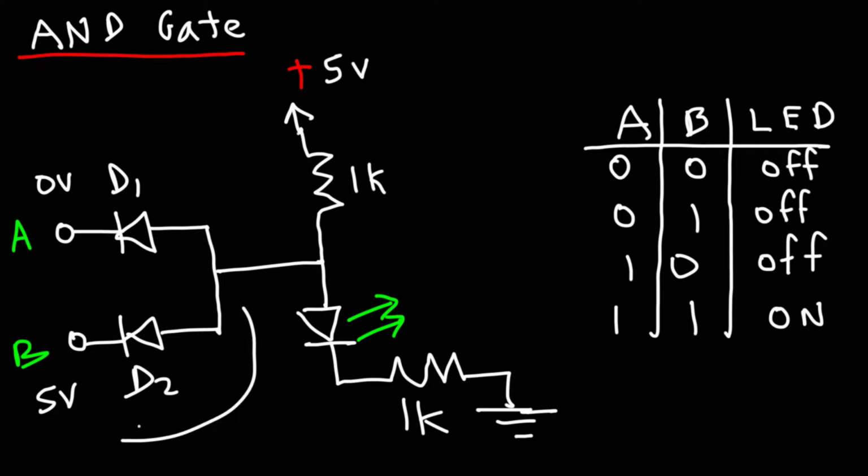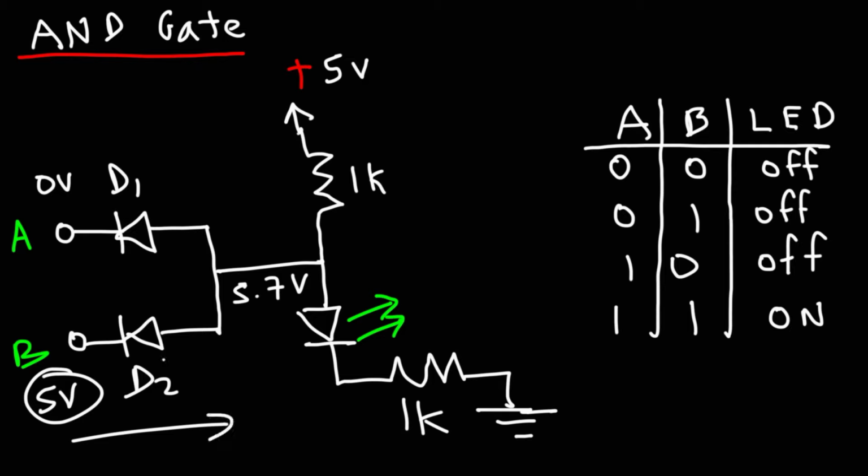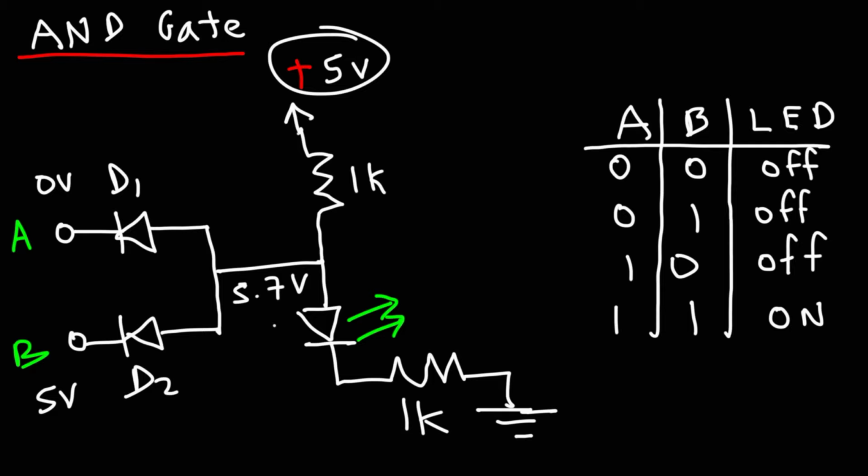If current flows through D2, then this section has to be 5.7 volts. It has to be 0.7 higher than what we see here. Current can't flow the other way because the diode will be in reverse bias mode. So it has to flow this way. But because the voltage here is 5, it can't be 5.7 here. So D2 will be off.